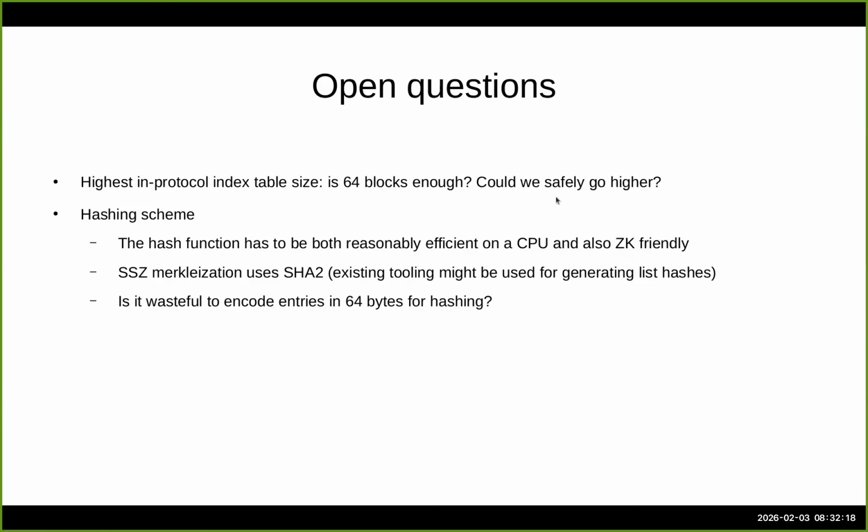The way I imagine this is that the consensus is generating 64-block tables, and if we can ZK prove bigger tables, we can create tables of a million blocks, or I don't know.